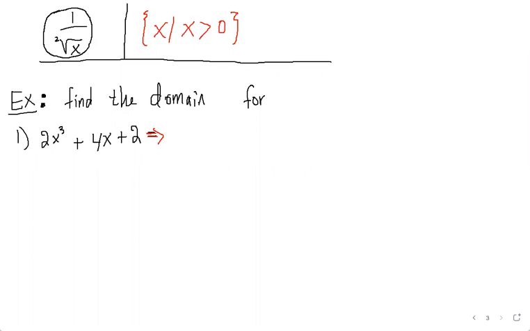Okay, but here we don't need to factor. The question is to find the domain. What element can I plug inside this expression? What numbers can I plug inside this expression? All real numbers. All the numbers.